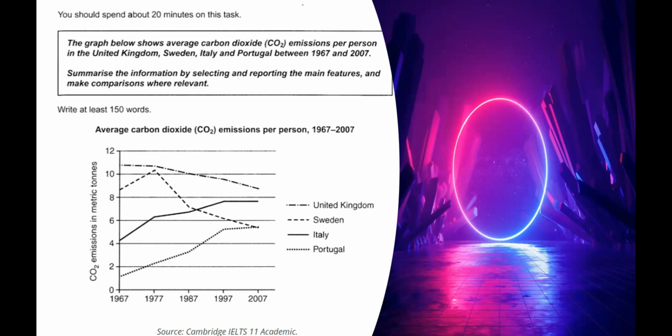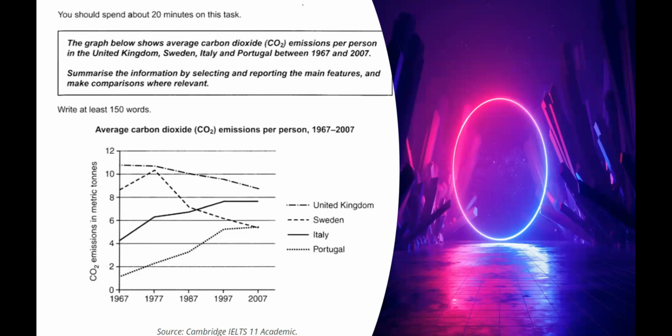We should paraphrase, to find a synonym. For example, the chart illustrates United Kingdom, Portugal, four countries, carbon dioxide emissions per capita, not per person, per capita, between 1967 and 2007.